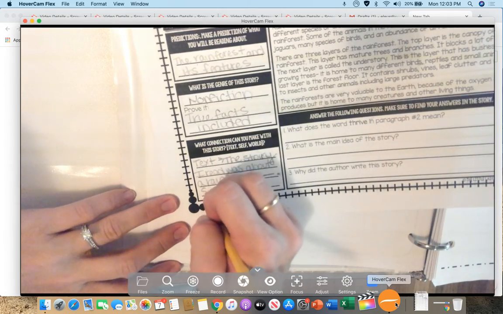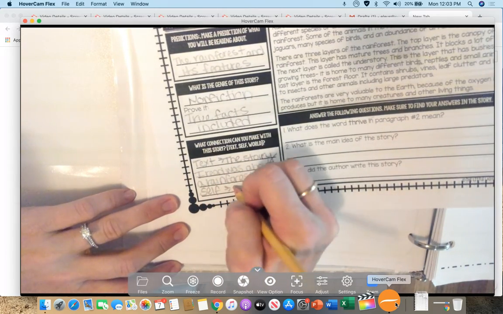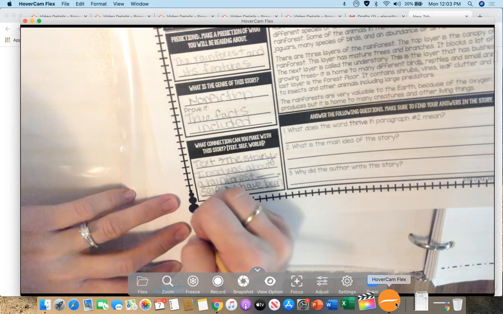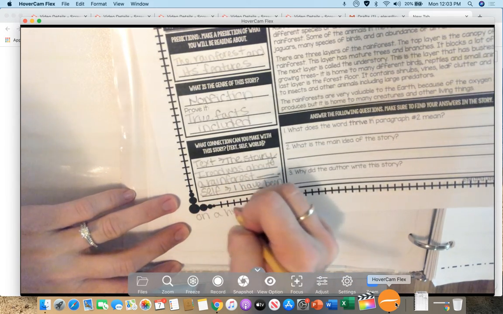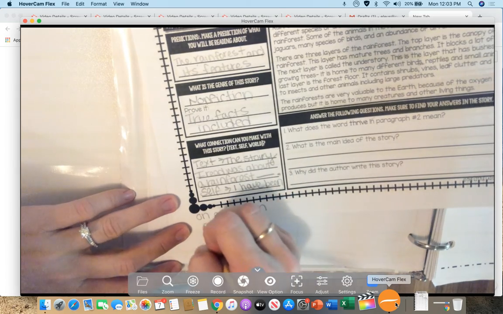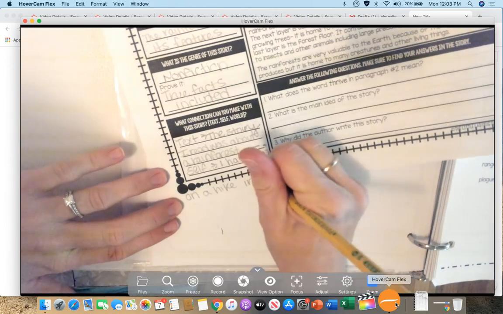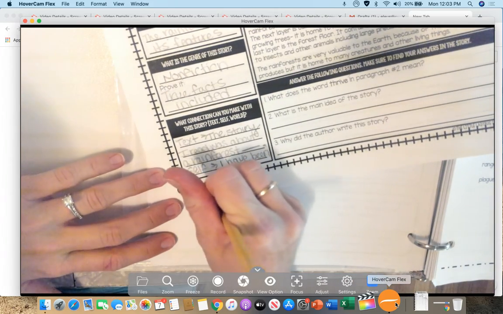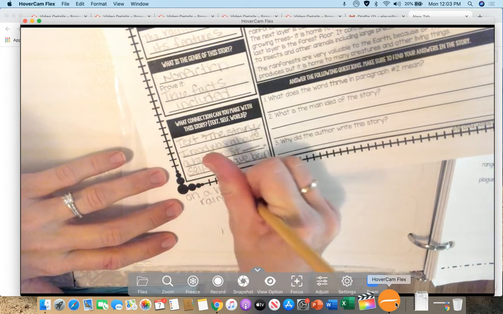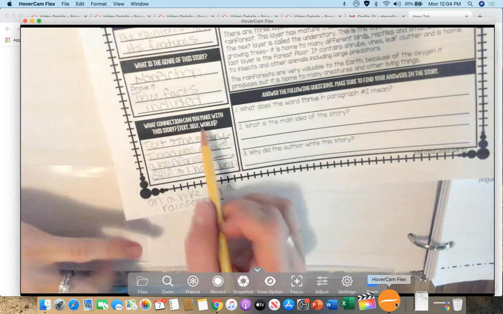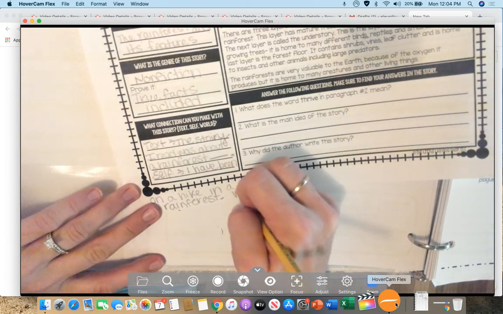What if you related to yourself? I have been on a hike in a rainforest. Oops, running out of room here, sorry. Or maybe you can't connect it to a text that you've read or yourself, but you can definitely connect it to the world.